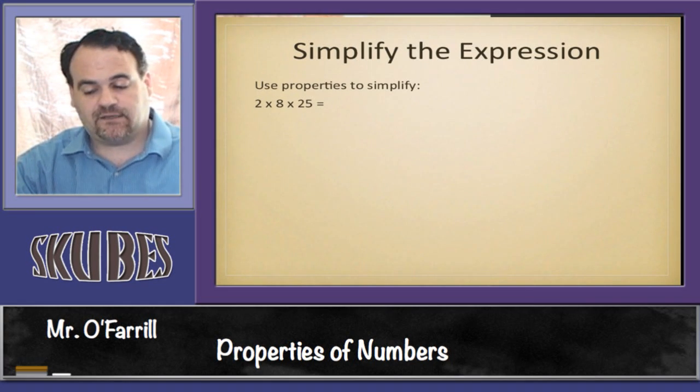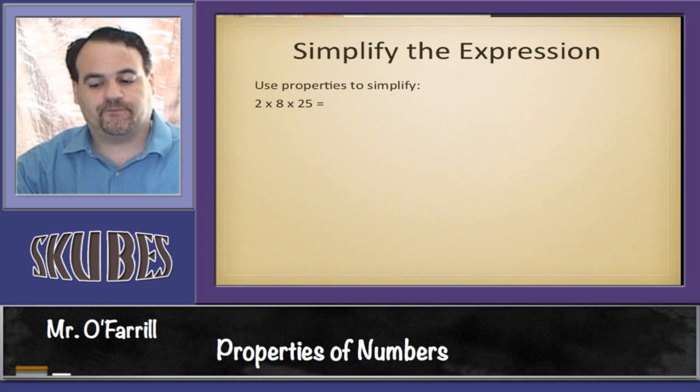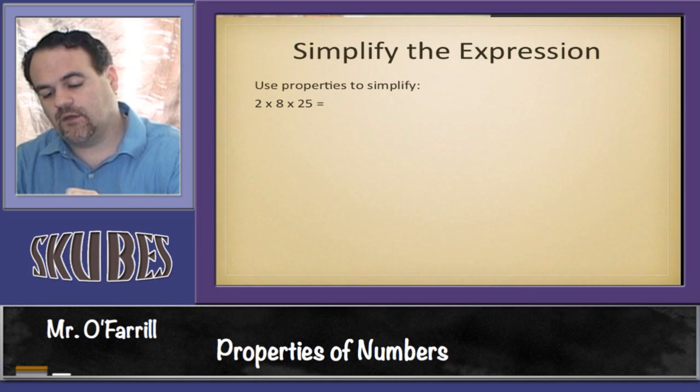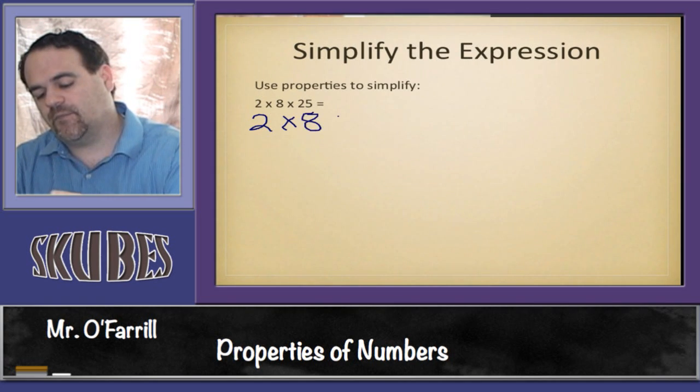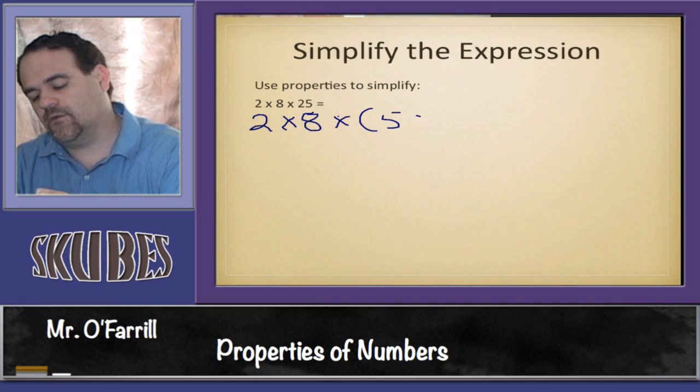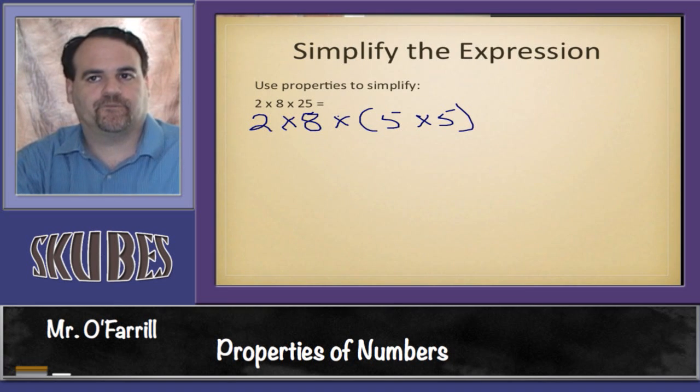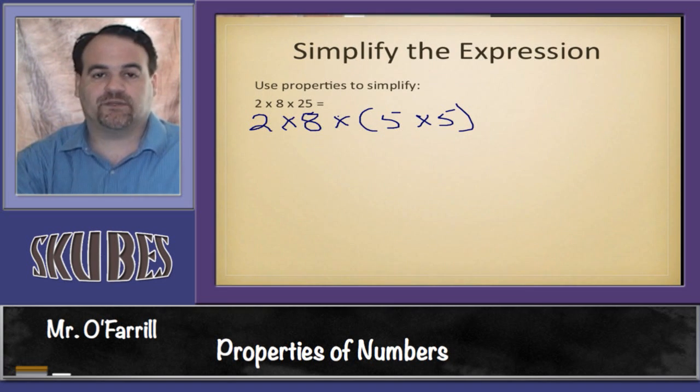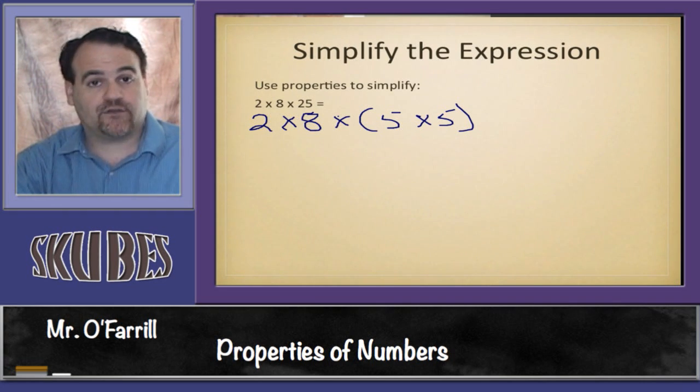2 times 8 times 25. Here's what we're going to do. We're going to do 2, leave that one alone, times 8. I'm going to leave that one alone, but I'm going to split up that 25 into 5 times 5. This is all multiplication. We have 4 numbers. We can apply commutative and associative properties.